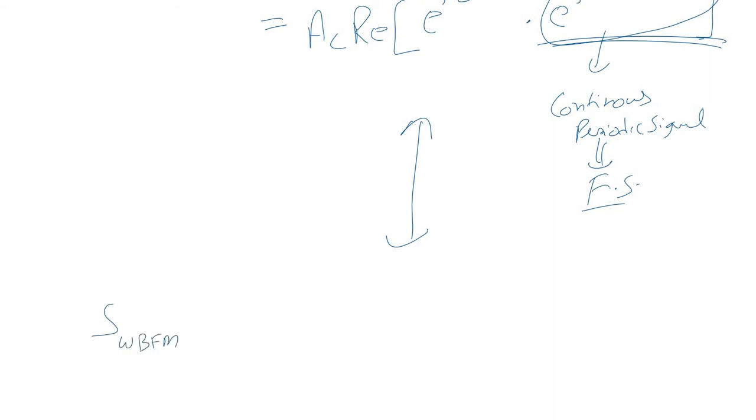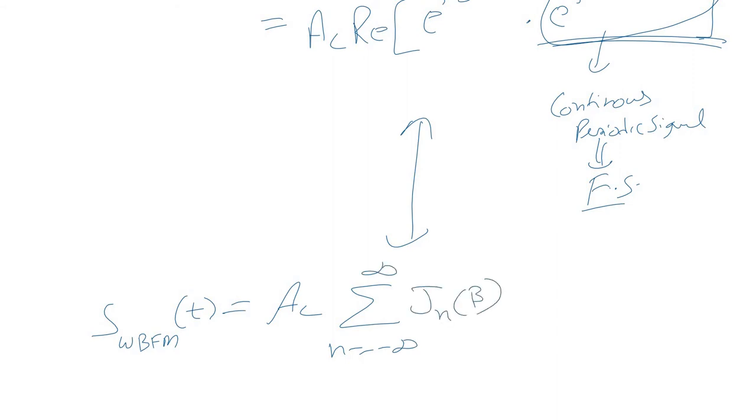The expression for the wideband FM signal is A_c times the summation, n ranging from minus infinity to infinity, of J_n(β), which is your Bessel function. n is the order of the Bessel function and β is the argument, which is nothing but the modulation index of wideband FM, into cos of 2π(f_c + n f_m)t.